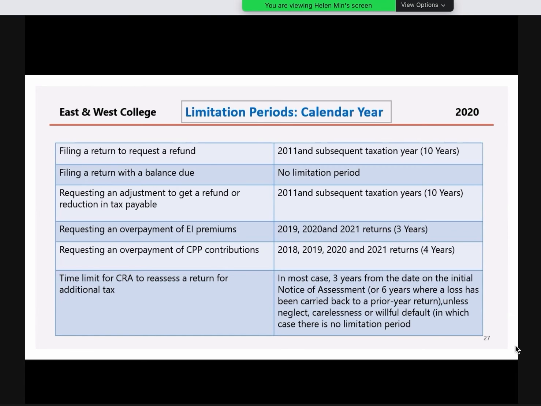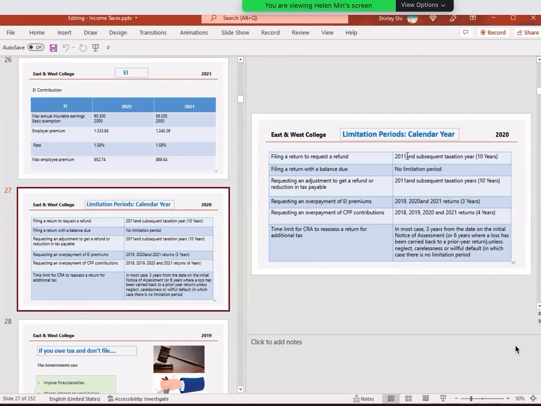This year we are doing the 2021 tax return, so the earliest one you can do is 2012. I need to update this.